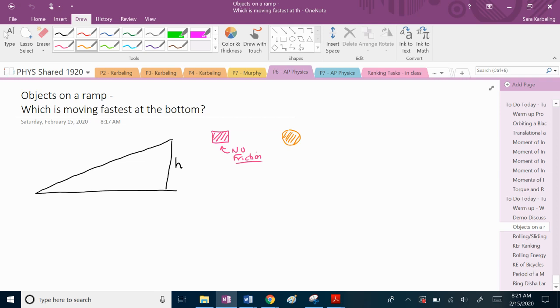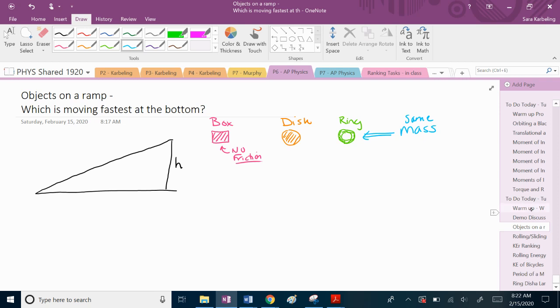So there's a disk. Should label the box. And then the third one that we're going to do is a ring. So it looks like this. And for our purposes today, we are going to say that all three of these have the same mass, just for simplicity's sake.